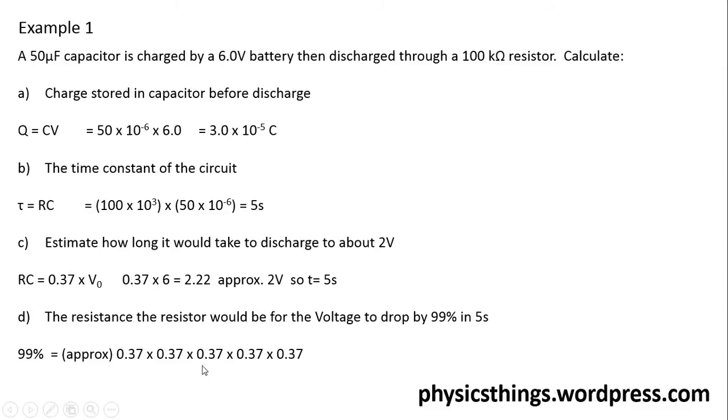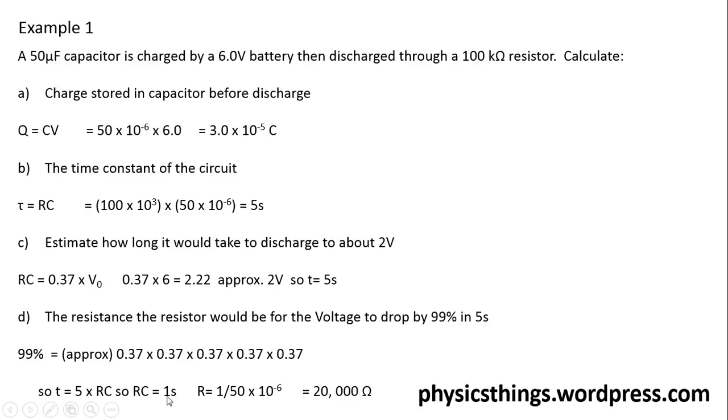So now we know that we're going to have 5 incidences of the time constant RC in order to get our value of the voltage to be 1% of what it was in the beginning. So my time is going to be 5 lots of my time constant, so my time constant has to equal 1 second because my time is 5 seconds.